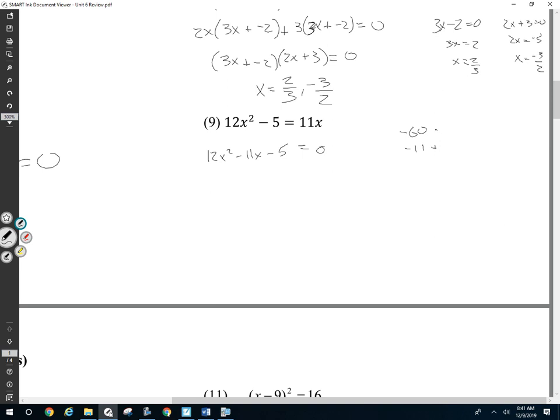6 and 10 are the first ones that come to mind, but that doesn't work. So let's see, 60 divided by 5: 12 and 5, that doesn't work. 20 doesn't work.